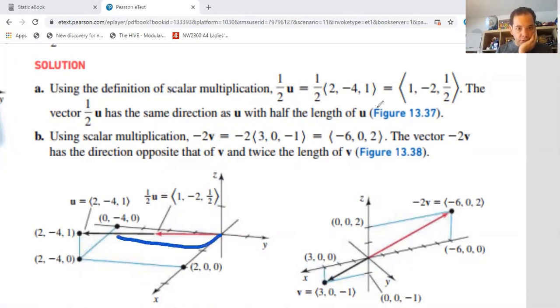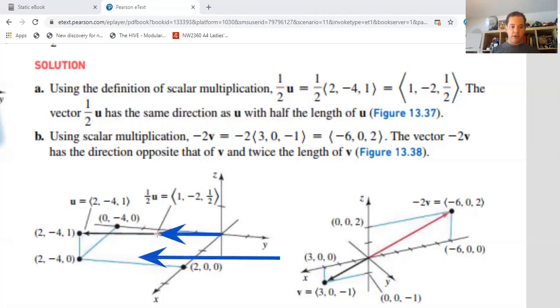I wanted to draw a vector from here to here, right? And what we're doing is we're halving it. We're doing half its length. And when you do half its length, what you get is that new little vector that goes from here to here, right? Half the length of the original one, okay?